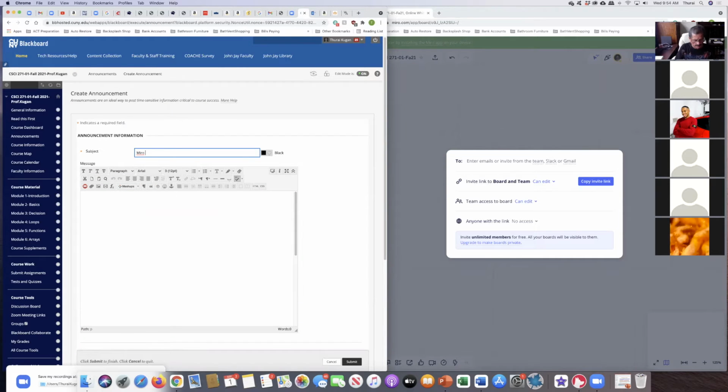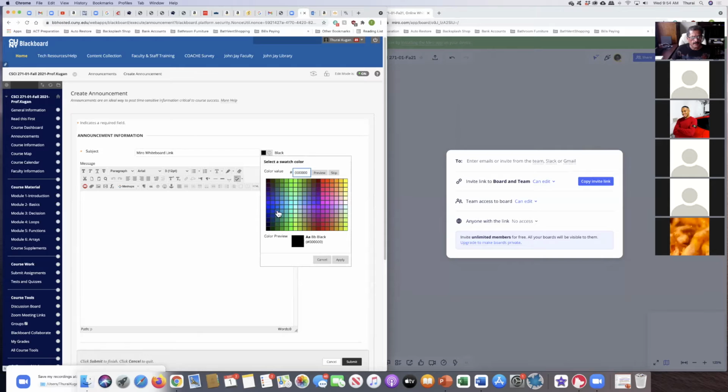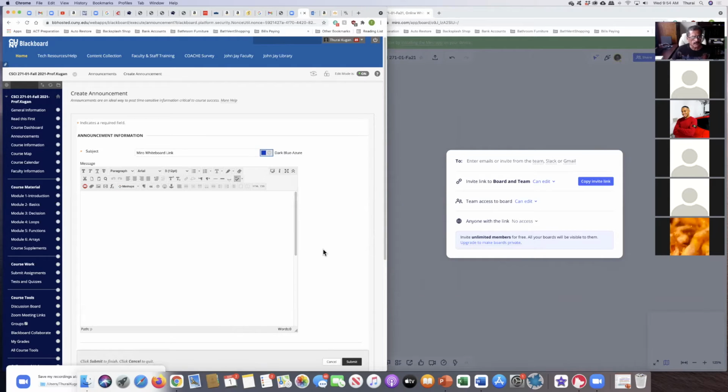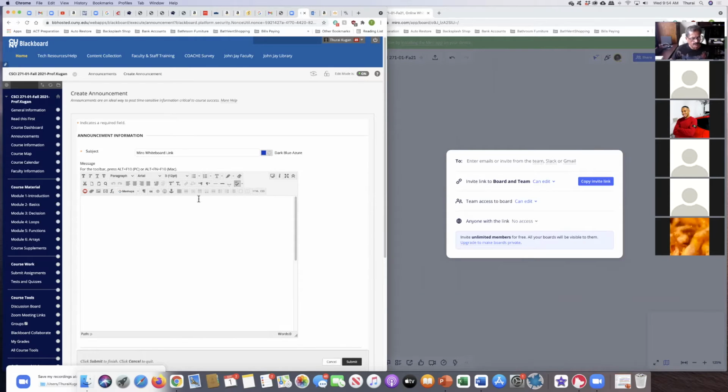Miro whiteboard. The whiteboard is called Miro. So when you click at the link, it may ask you to download the software. The software is free for downloading, so just download it if necessary.